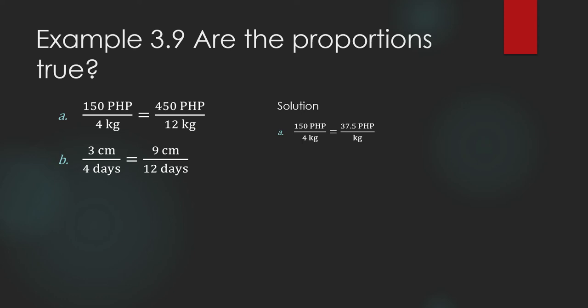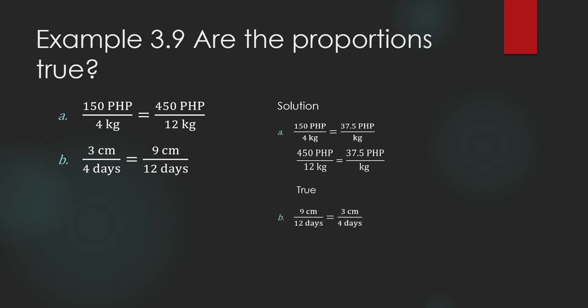How do you do that? You just divide 450 by 12, and that is also equal to 37.5 pesos per kilogram. So these two rates have the same unit rates. Conclusion, this statement is true. Therefore, this is a proportion.